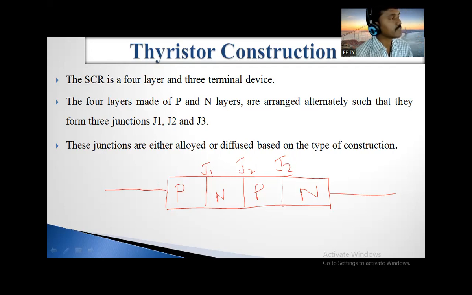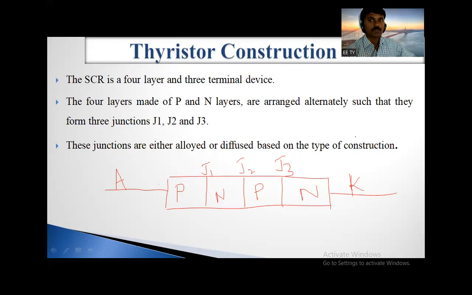So the terminal which is attached with the outer P layer, that is called as anode. And the terminal which is attached to the outer N layer, that terminal can be called as a cathode.